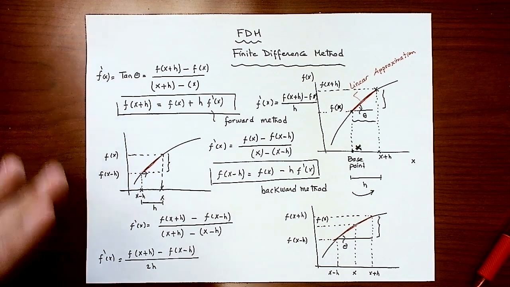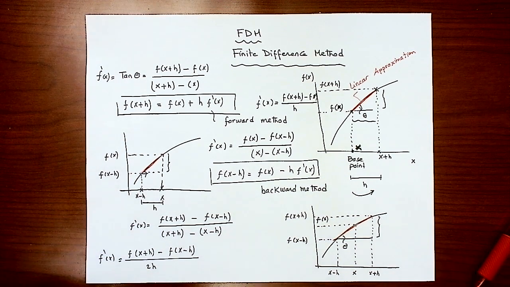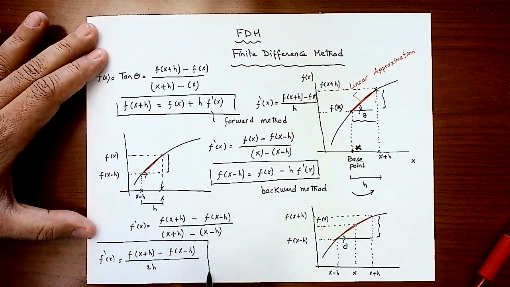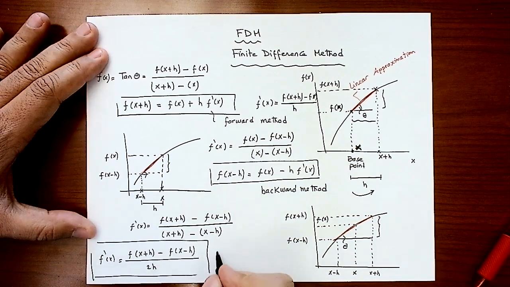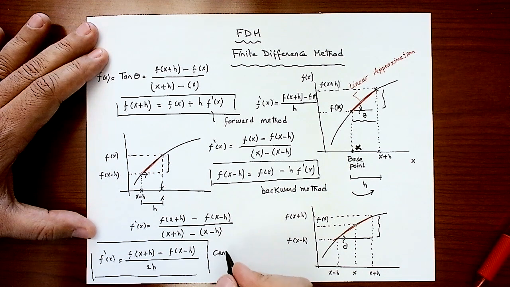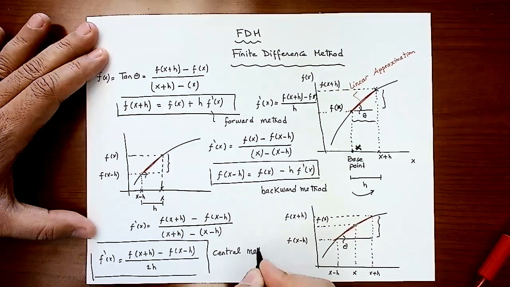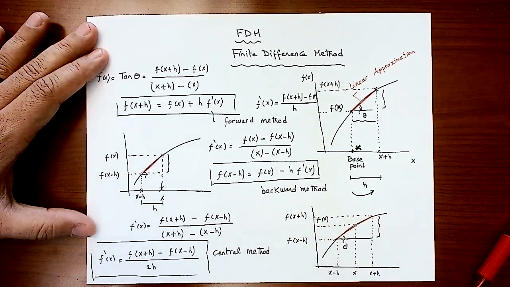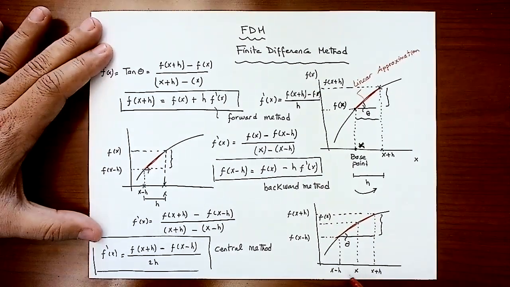Then you can simply get f of x plus h, your point of interest. Because I used 2 points here, this is called the central method. You may think, why am I picking h and minus h?